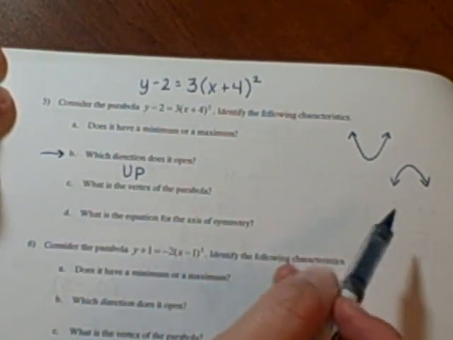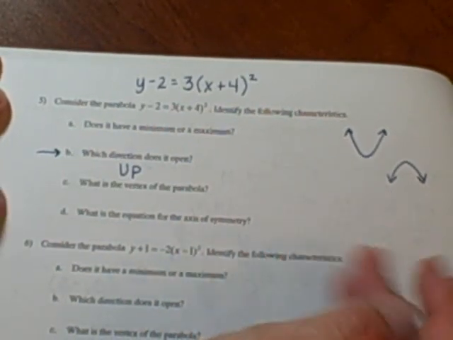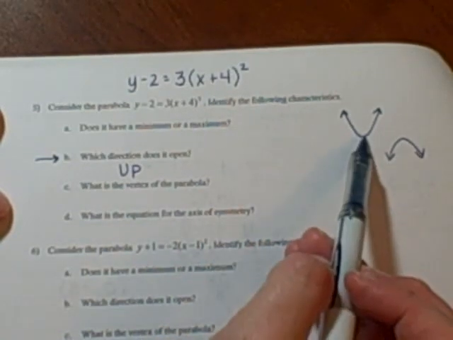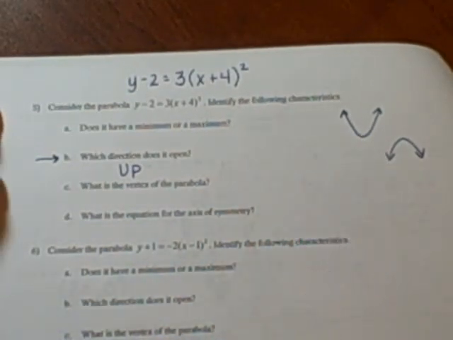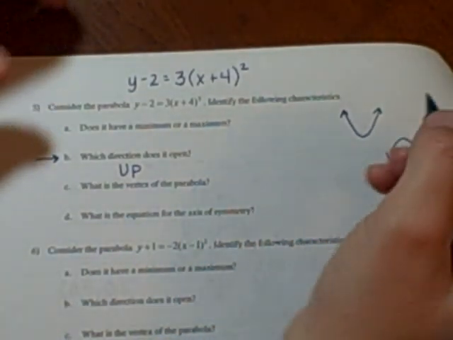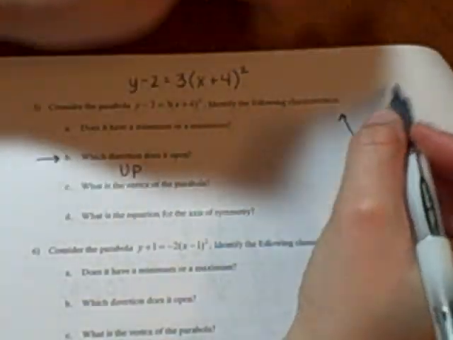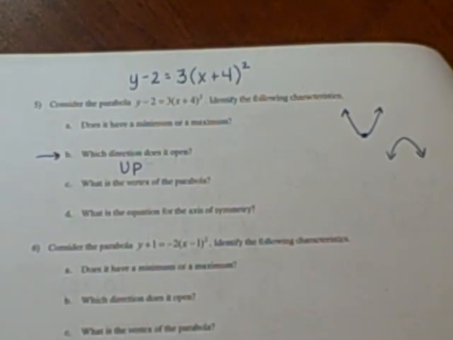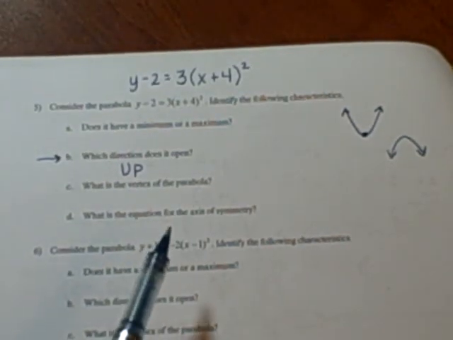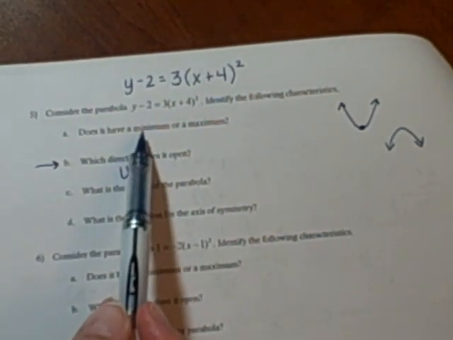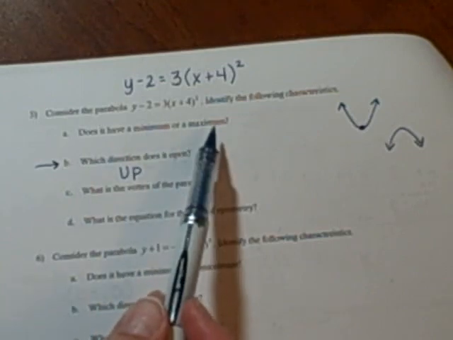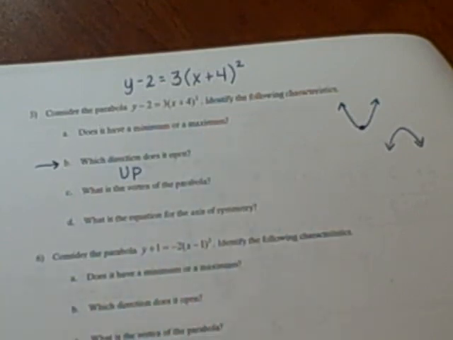Okay? Now that I know it opens up, I know it looks something like this. So to answer whether it has a minimum or a maximum, I want you to notice that this parabola starts here and then continues up forever and ever. Okay, so is there a lowest point on this graph or is there a highest point on this graph?